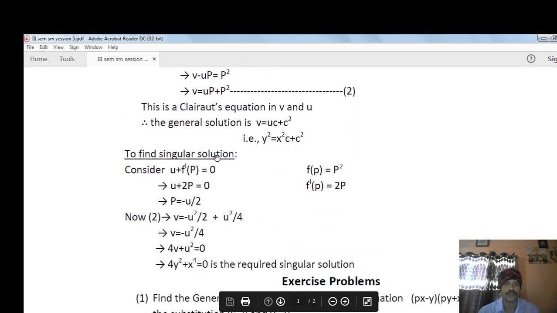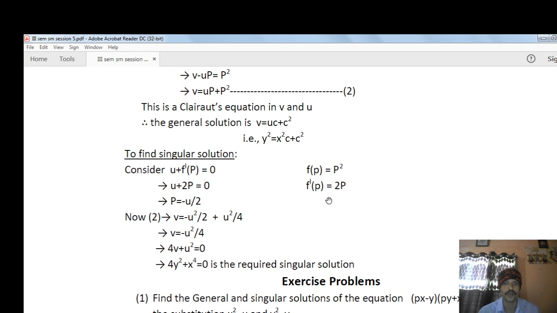To find the singular solution, what I have to do is, I have to remove P value between the second equation and this equation: U plus f dash of P is equal to 0. Please note here it is not x plus f dash of P. In place of x we have U. So I have to consider this equation. Consider U plus f dash of P is equal to 0.